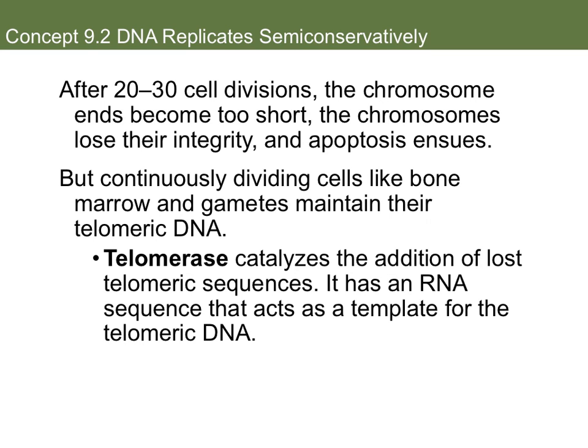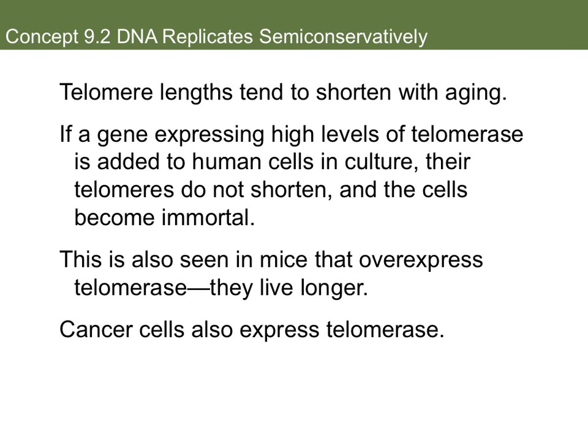It has an RNA sequence that acts as a template for the telomeric DNA. Telomere lengths tend to shorten with aging. If a gene expressing high levels of telomerase is added to human cells in culture, the telomeres do not shorten and the cells become immortal. This is also seen in mice that overexpress telomerase. They live longer. Cancer cells also express telomerase.